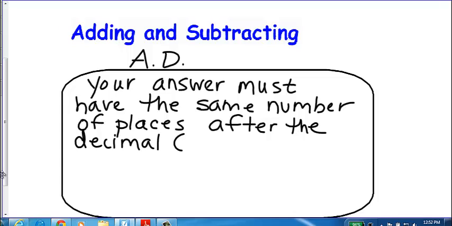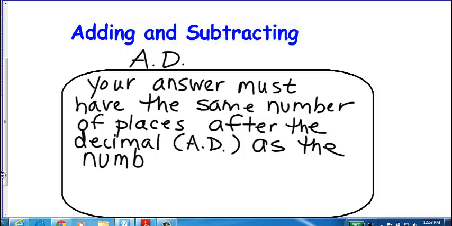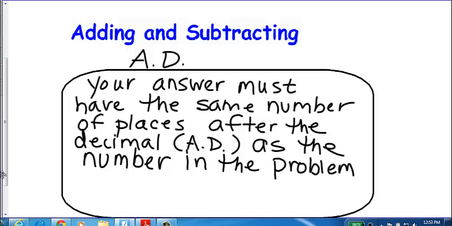That's why I call it AD. When you're adding or subtracting, you follow this rule: AD for after the decimal. So your answer must have the same number of places after the decimal as the number in the problem with the least. Okay?